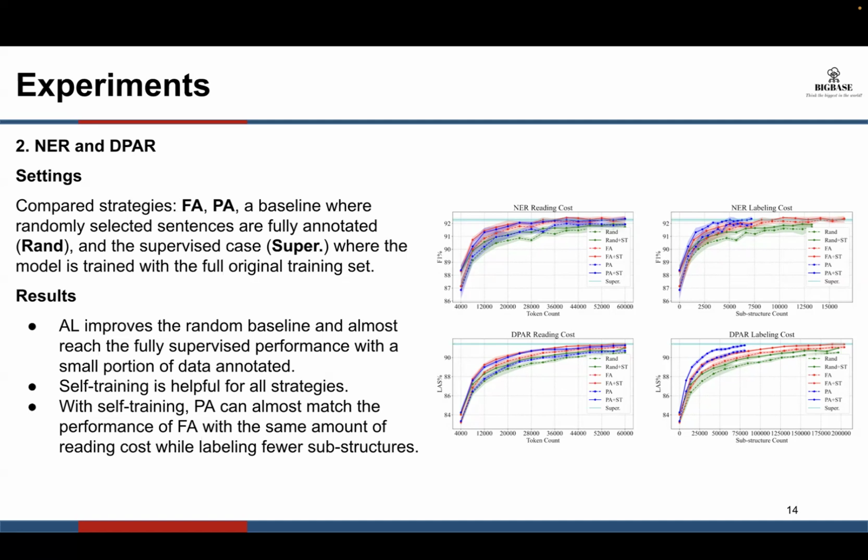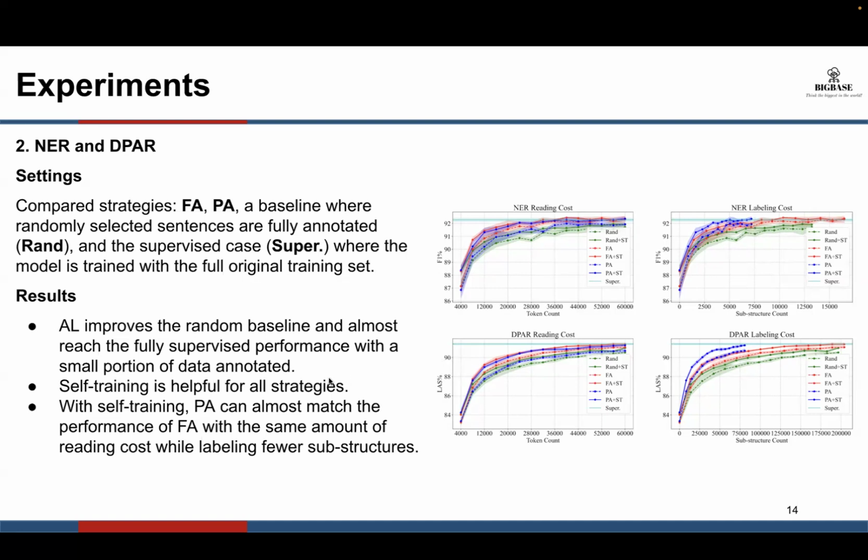And the results show that the active learning, if we compare the green lines to red and blue lines, improves the random baseline and also almost reaches the fully supervised performance with a small portion of data annotated. Here you can see that the number of data annotated here is quite small.